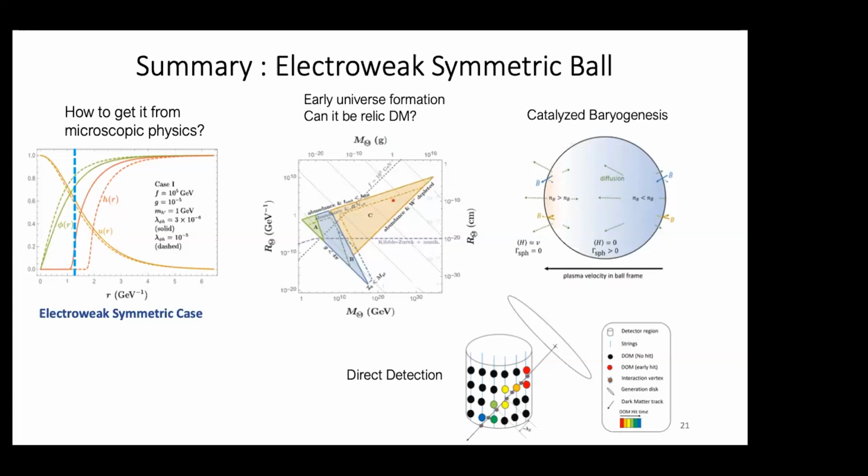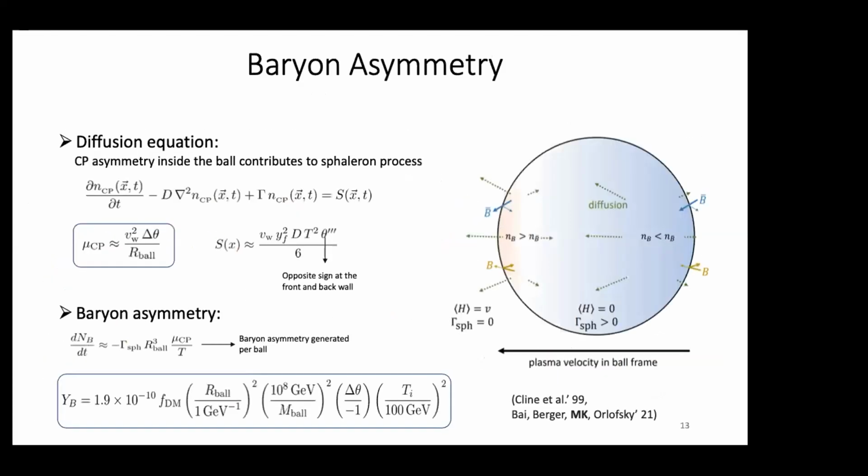When you do your calculation for the baryogenesis side, how does the calculation change if instead of these balls, we had other extended objects like strings or domain walls? Good, thanks for asking. This was actually performed by Klein in '99.